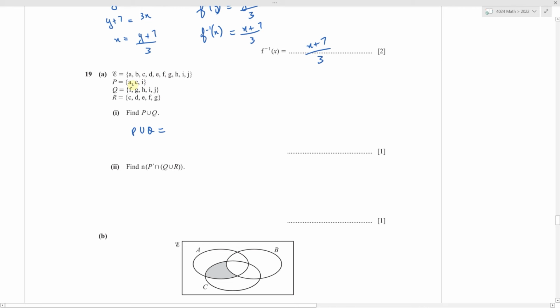So let me first write down all the elements of P: A, E, I, and then all the elements of Q, making sure I do not repeat any letter.